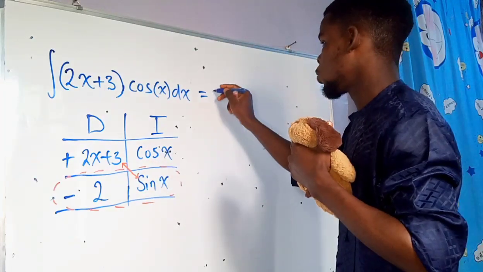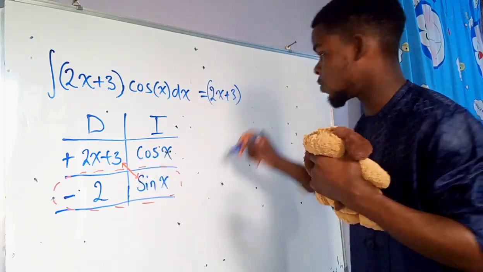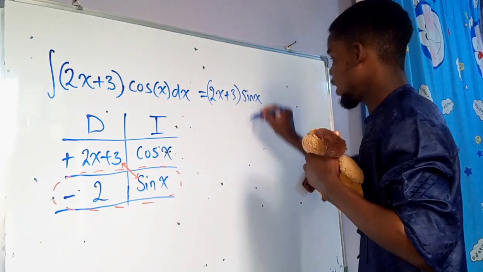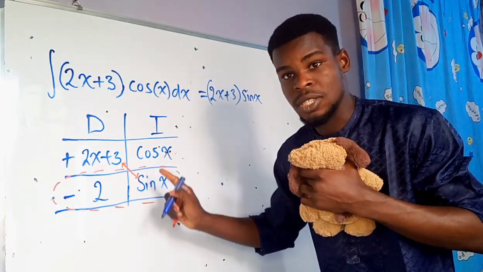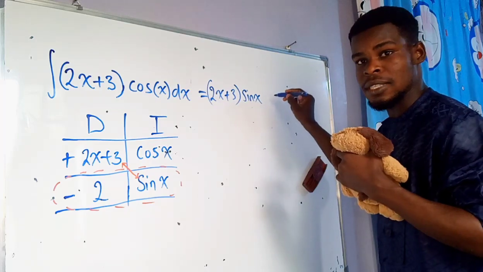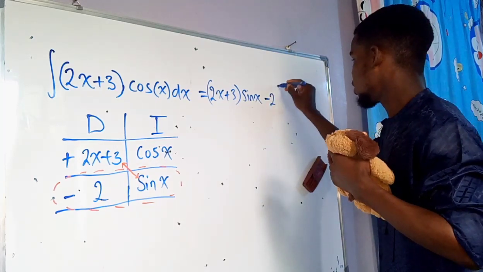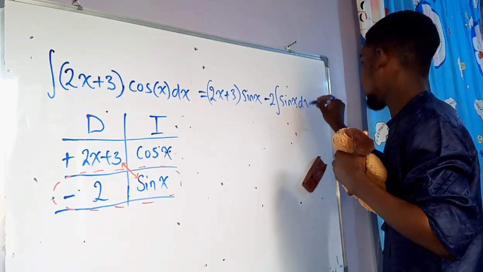We're going to have 2x plus 3 times sine x. And then we multiply this together. When you multiply it, you integrate it. So this is minus 2 times sine of x. So I can put it here as minus 2 times the integral of the sine of x, and then you put the dx over here.